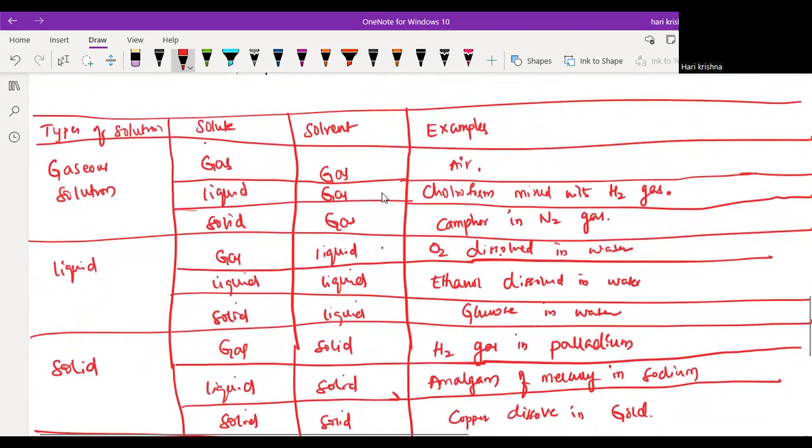Based upon the state of the solvent, the state of the solution will be decided. If the solvent is in the gaseous state, the solution will also be in the gaseous state. If the solvent is in the liquid state, the solution will also be liquid. If the solvent is solid, the solution will also be in the solid state. So with the help of this fact, a total of 9 different types of solutions will be formed.